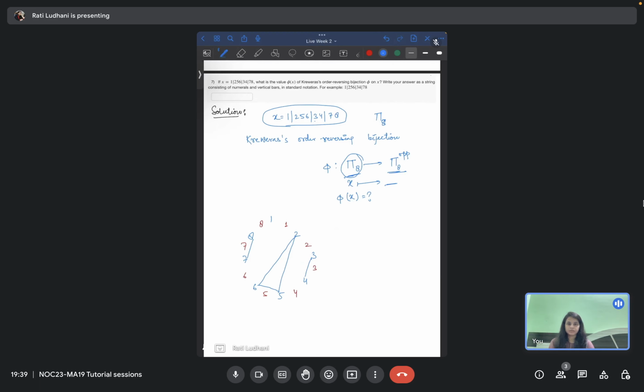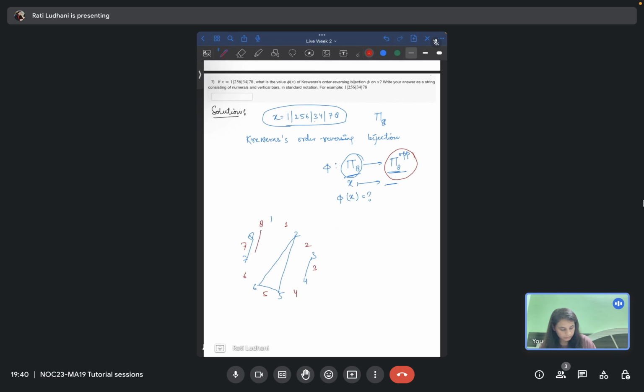So from this Crever's order reversing bijection, you map the red ones, so the other map is basically in this opposite thing. You join the connections only if they are not crossing the blue lines.